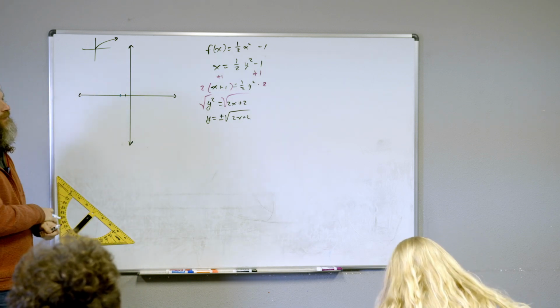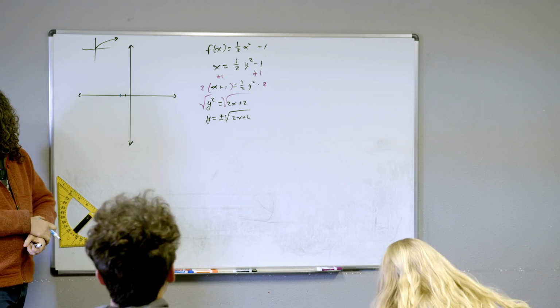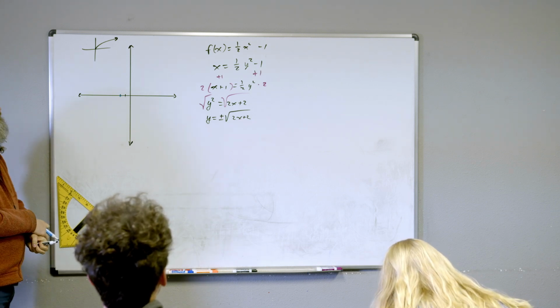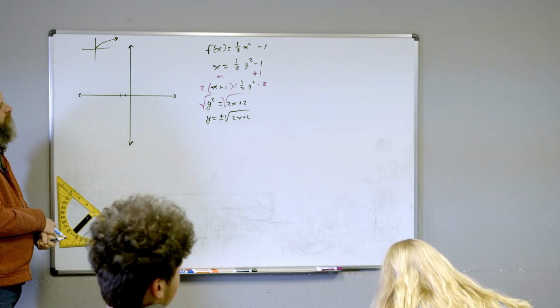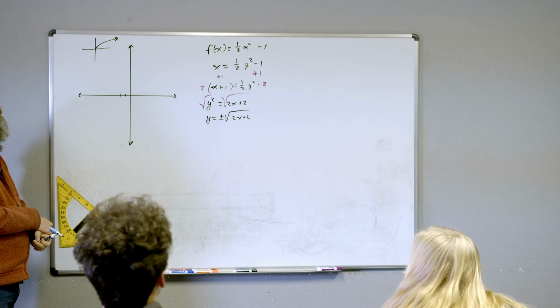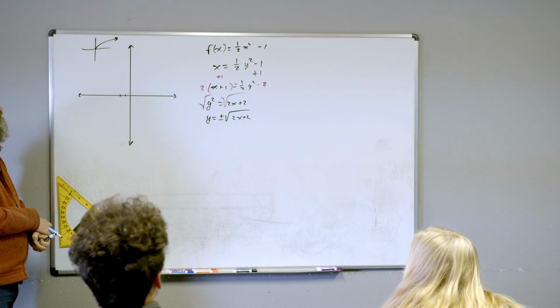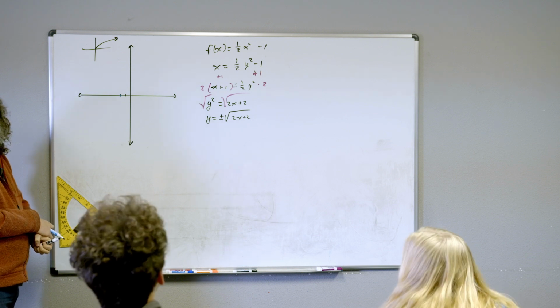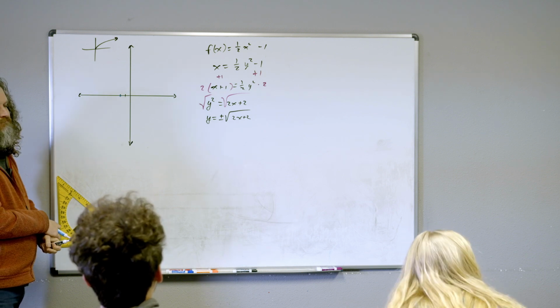We need a few other points to graph the thing. We need 2 other points on the side. Maybe 4 just to make sure.